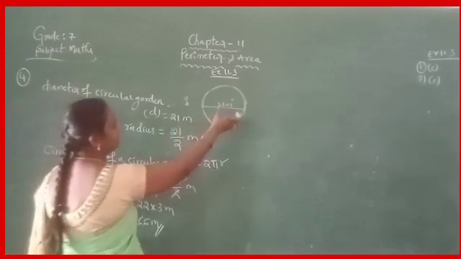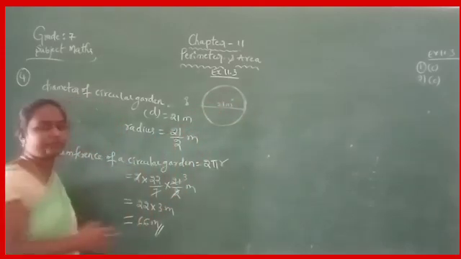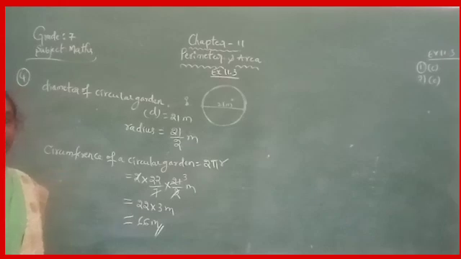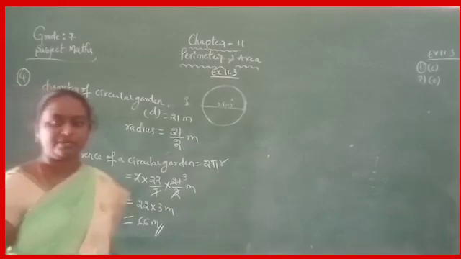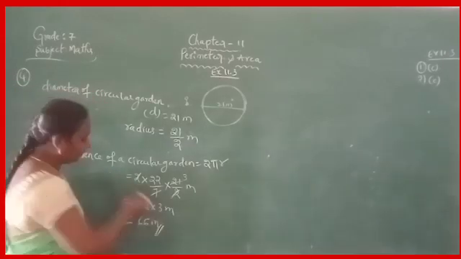Okay. Now how much length does he need to fence the circular garden? Then what is the cost for 66 meters?